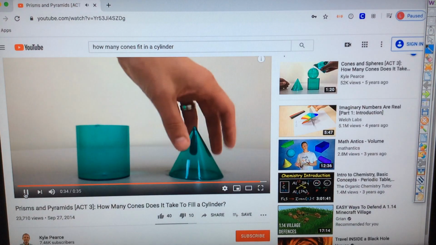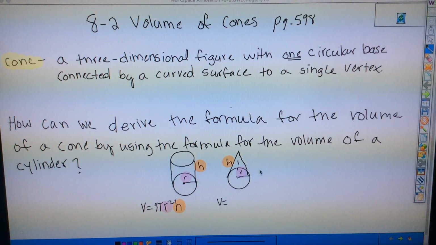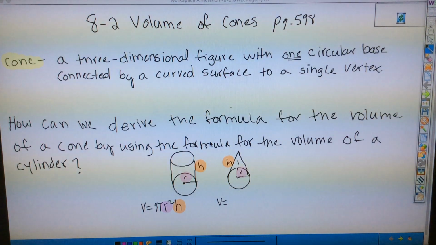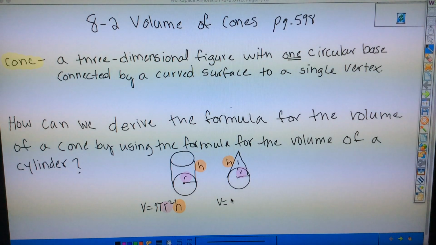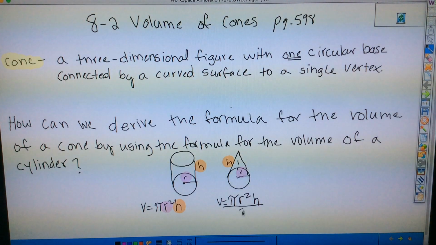Let me pause this and let's go back to the notes. Since we know that 3 cones of same radius and height fit into a corresponding cylinder, can't we just take our formula that we were using last week, which is the area of the circular base, pi r squared, times the height, and divide it by 3?